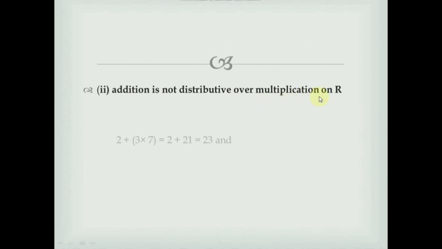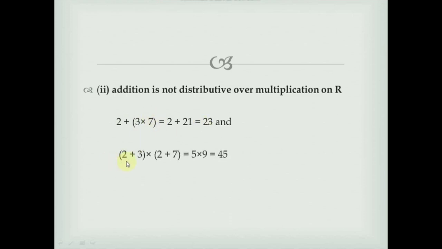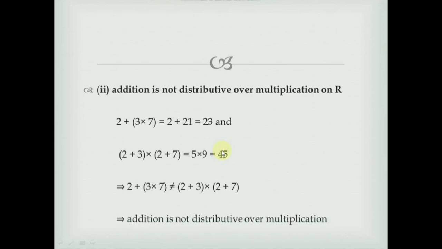But addition is not distributive over multiplication on R. For that purpose, consider 2 plus (3 into 7), which is equal to 2 plus 21, equal to 23. And (2 plus 3) into (2 plus 7) is equal to 5 into 9, equal to 45. So we have got 2 plus (3 into 7) is not equal to (2 plus 3) into (2 plus 7). That's why addition is not distributive over multiplication.